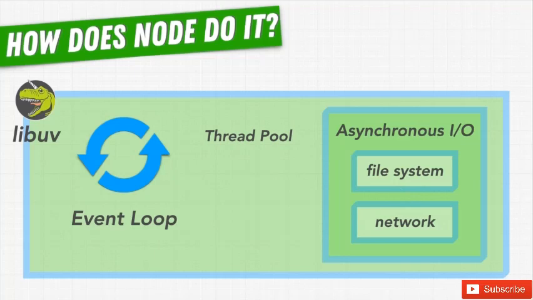Let me explain. Inside of libuv, we have this pool of threads, or in other words, a group or a collection of threads, which are set up ahead of time and are available to take on work as it comes in. Remember, libuv is written in the C programming language, which does have threads. So our thread pool takes advantage of that.